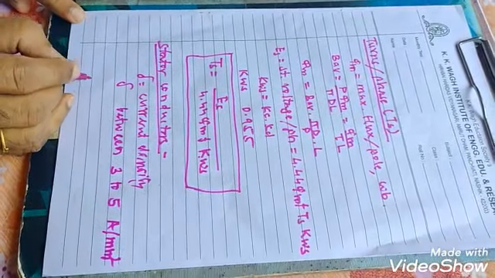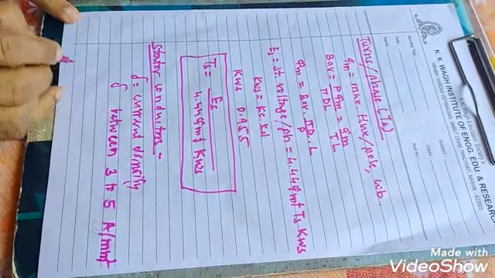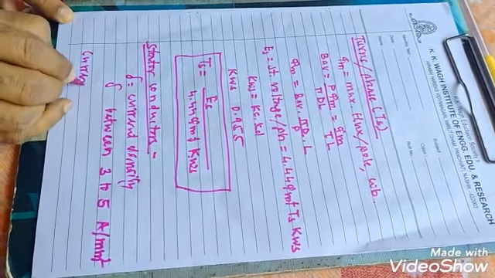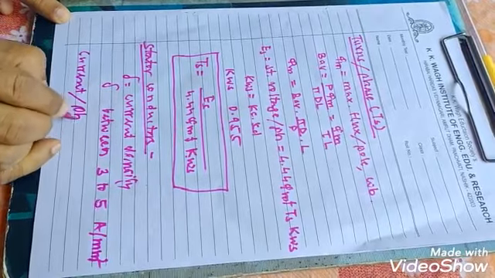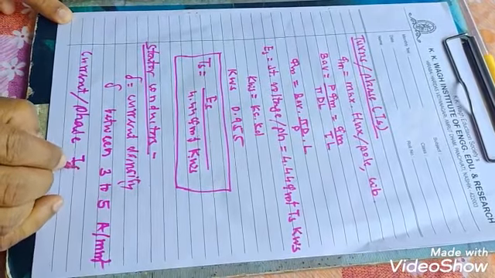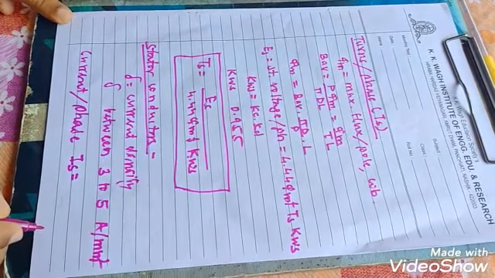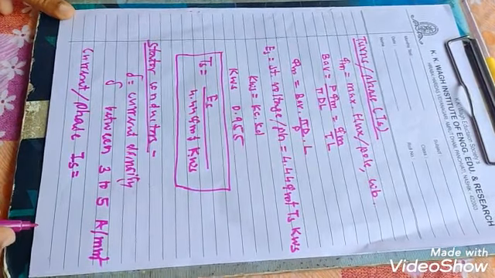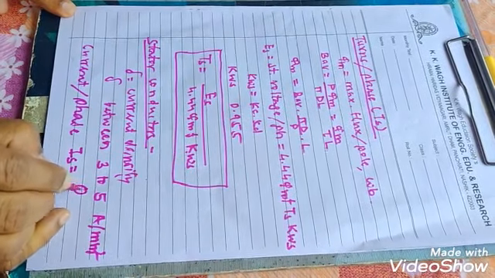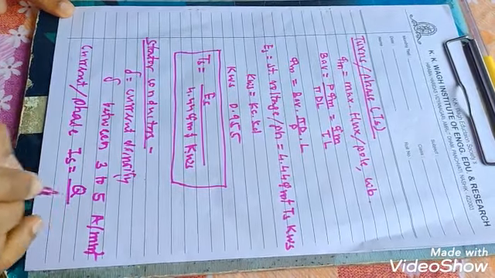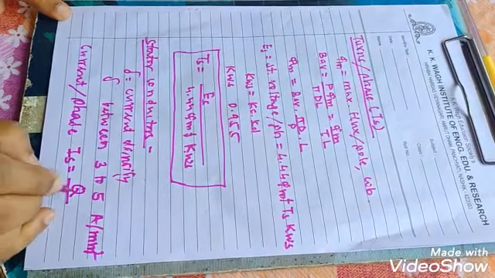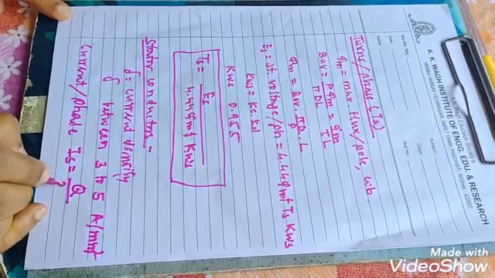Then you have to calculate current per phase. This is I for current, S for stator winding. So stator winding current per phase IS is equal to Q, where Q is the kVA input, divided by 3.